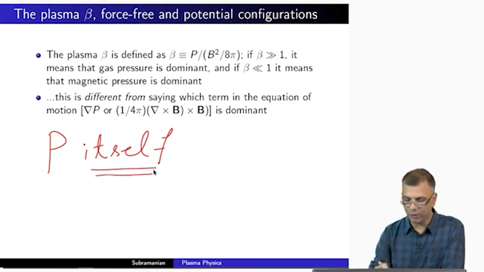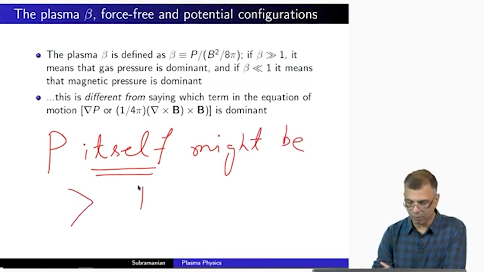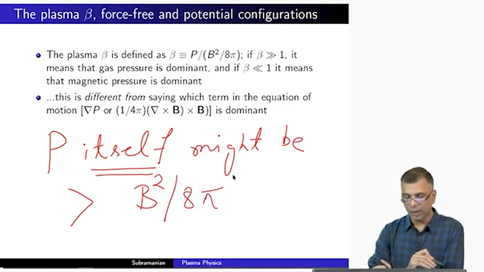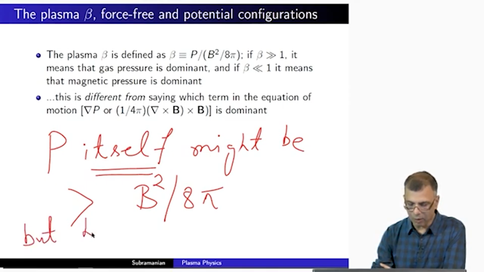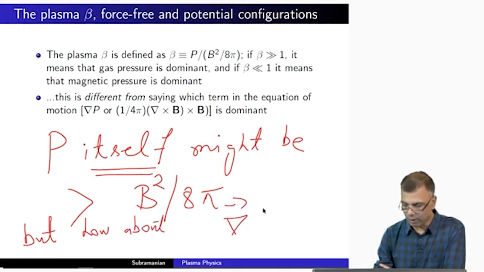P itself might be larger than B squared over 8 pi. Okay, but that is saying nothing about the gradient of P.